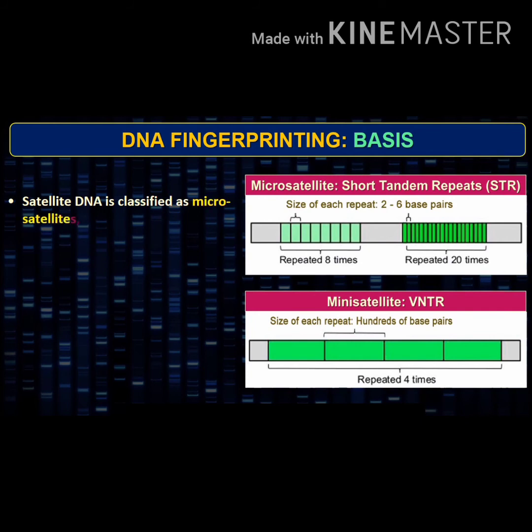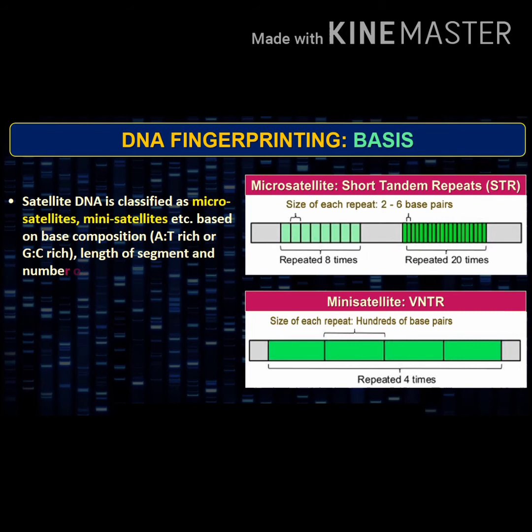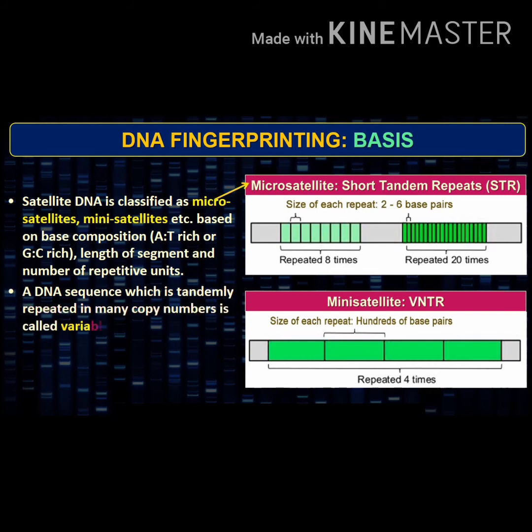Satellite DNA is classified into two groups, microsatellites and minisatellites. These are based on the base composition, that is, adenine and thymine rich or guanine and cytosine rich, length of segment, and number of repetitive units.